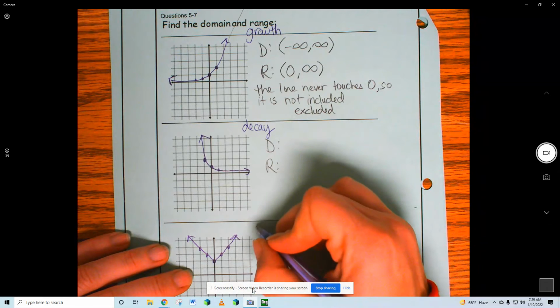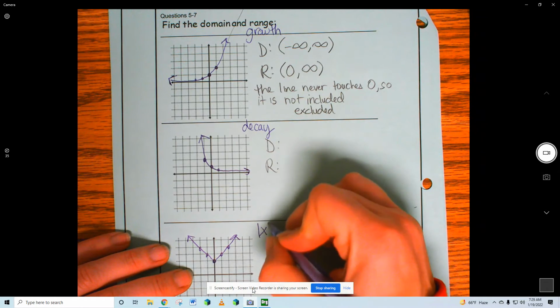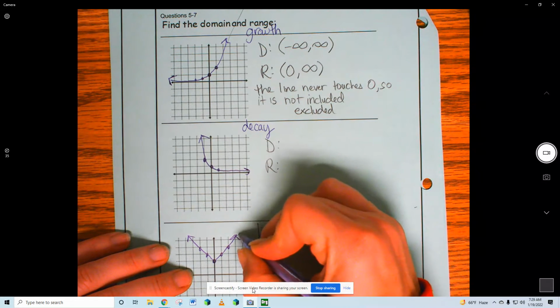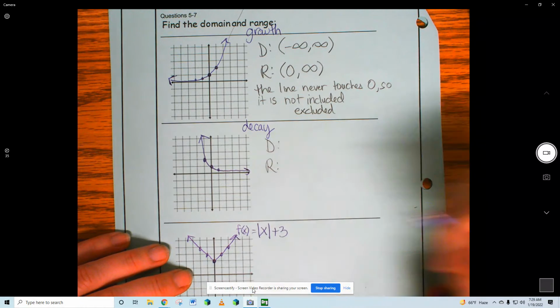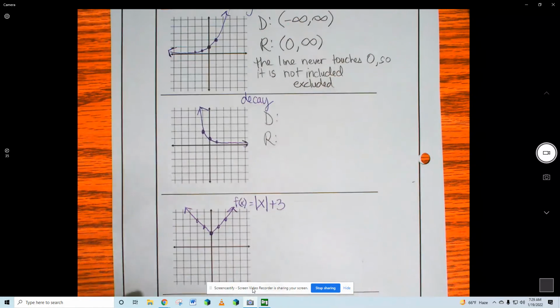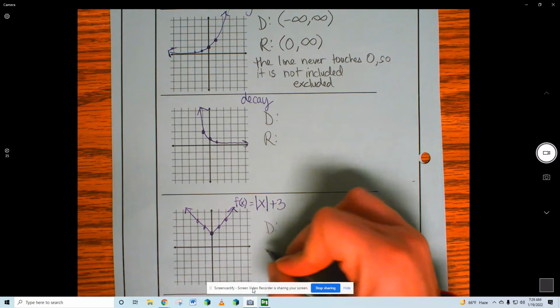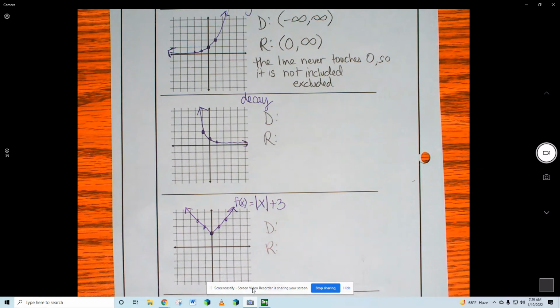That, by the way, is the absolute value of x plus 3. That's the equation. Okay. This one, domain, it is going to go left, left, left. So it does hit negative infinity eventually. Scan, positive infinity. From left to right, negative infinity to positive infinity.